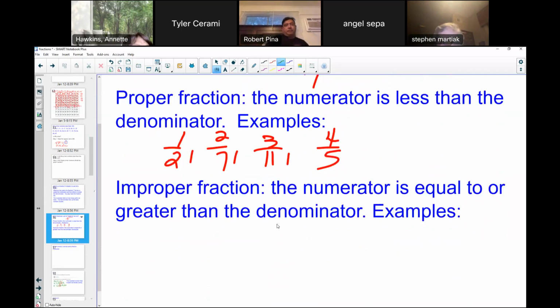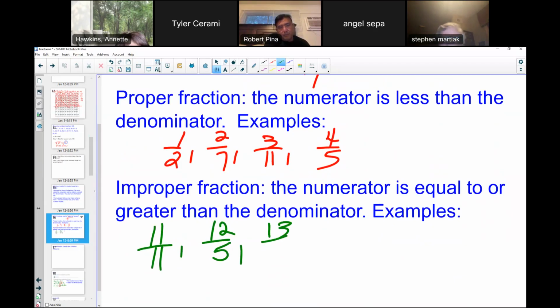Equal to or greater than. 11/11, 12/5, 13/7, 8/3. See, the numerator here is equal to, and here is greater than. That's an improper fraction.